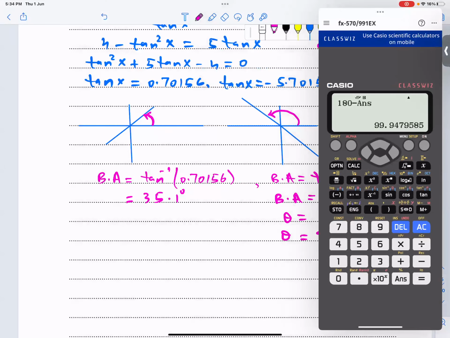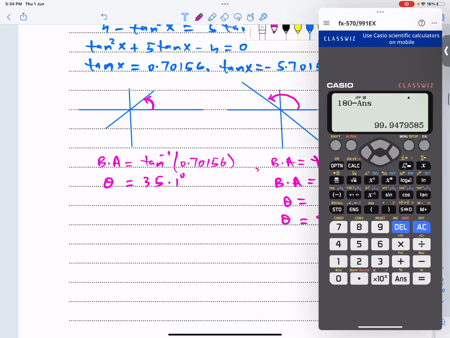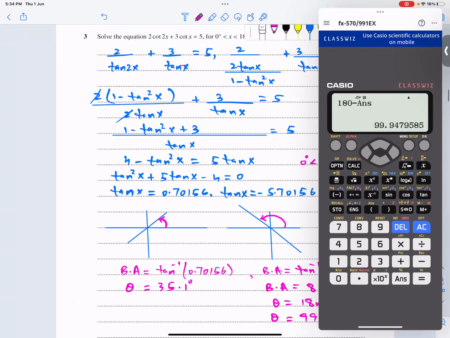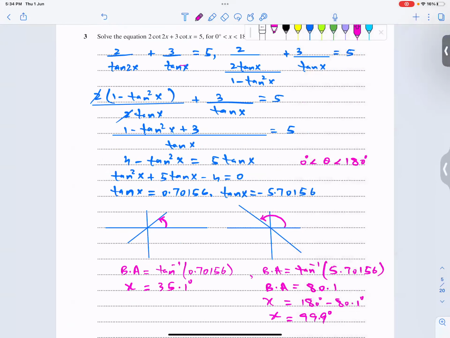And in the first case, theta is equal to 35.1 degrees. So these are the required values for theta or x. Sorry, the variable was x, so you can write x.